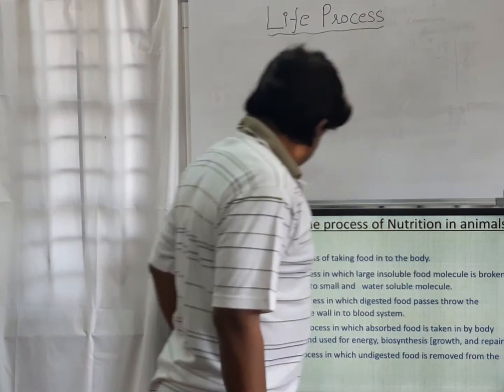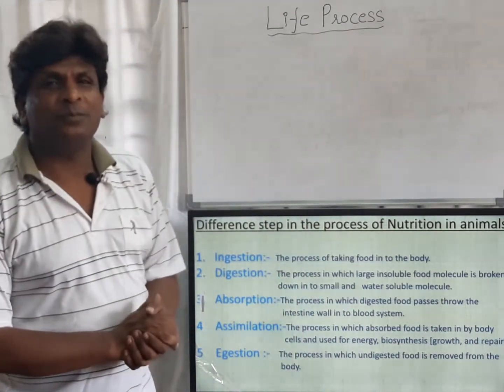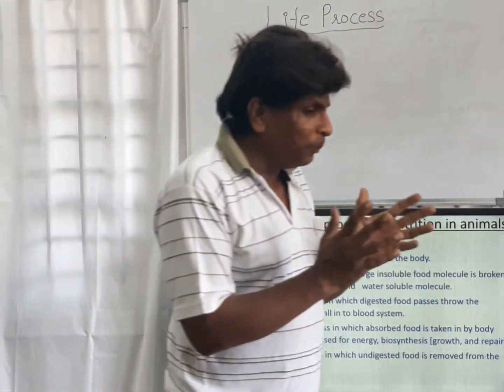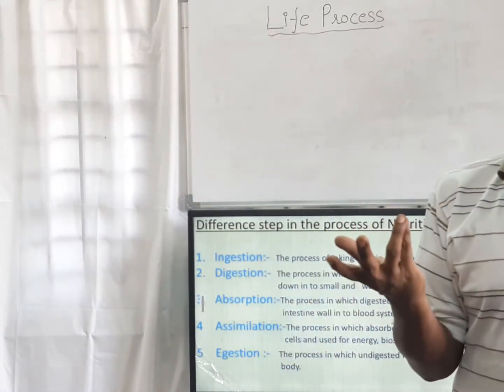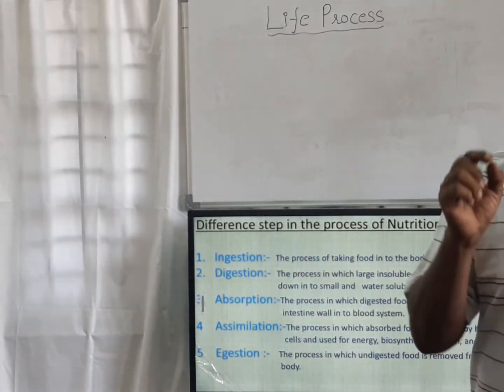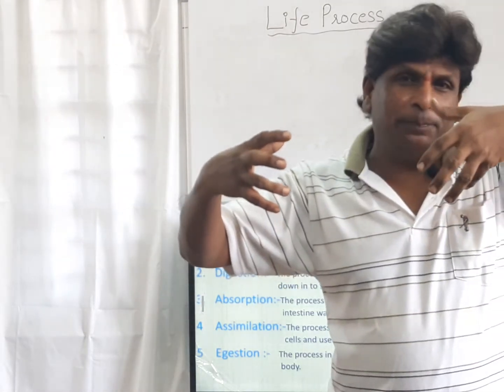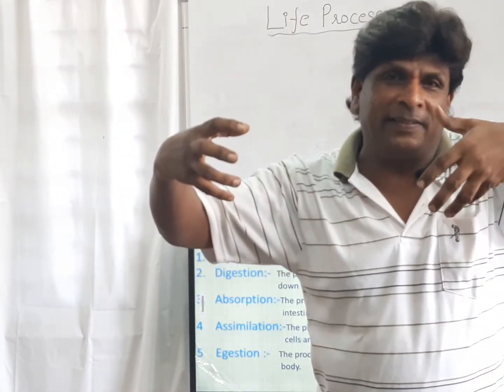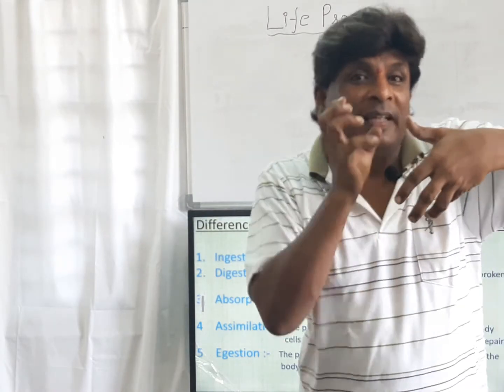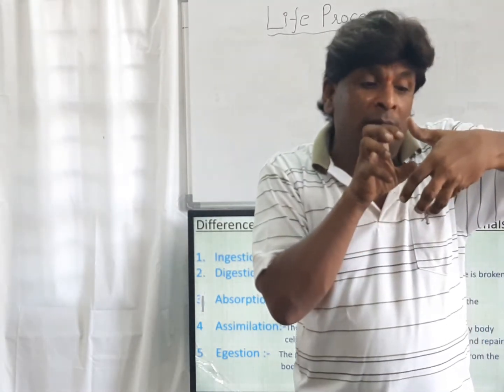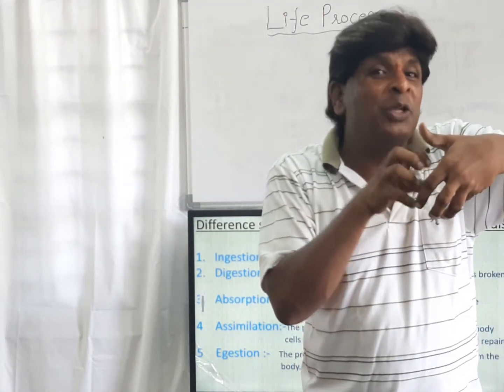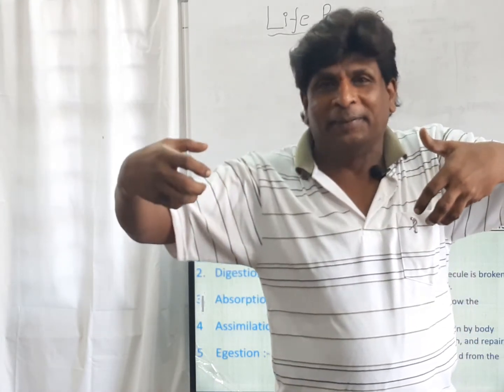Next, friends, absorption. So digested food should be absorbed by the blood. When the food is in the intestine, the blood is outside the intestine. So food is here, which is inside the intestine. This intestine food should be absorbed by the blood.